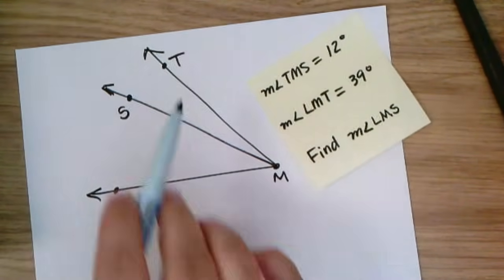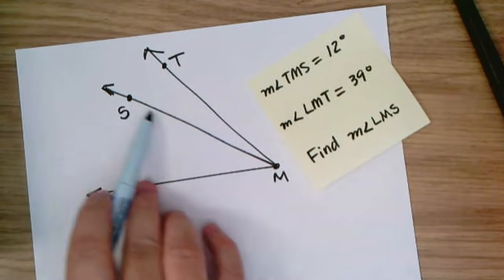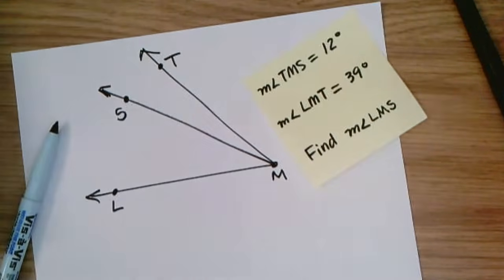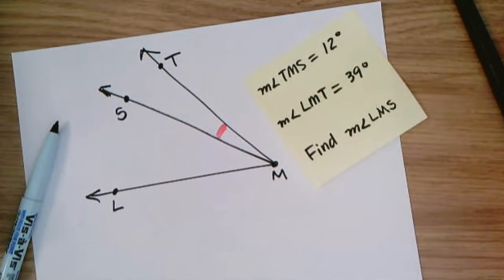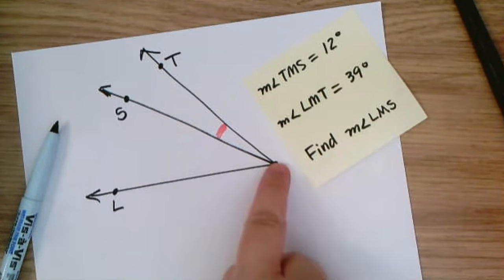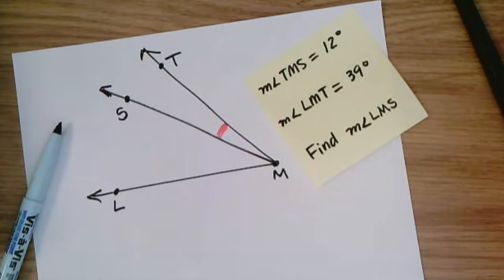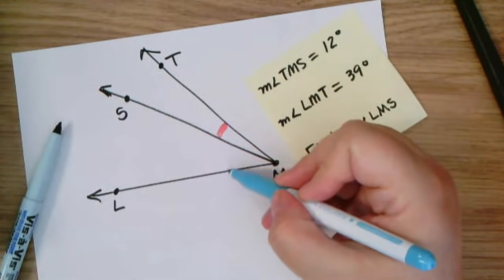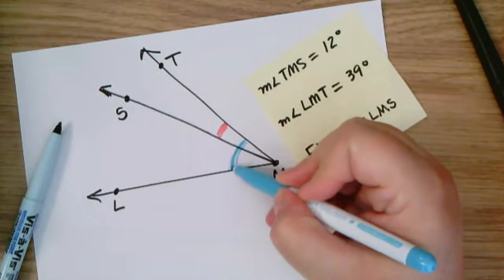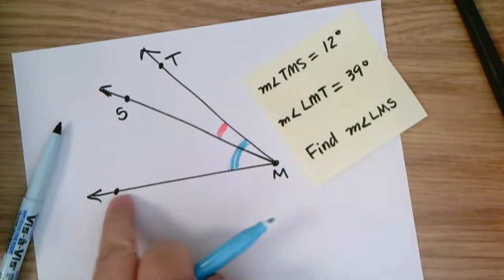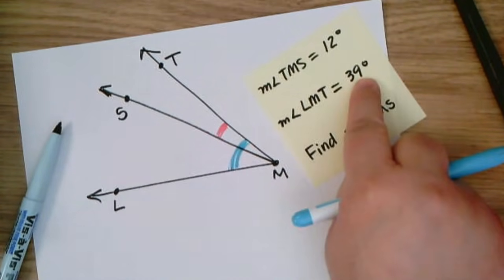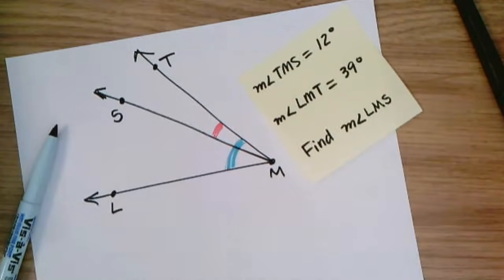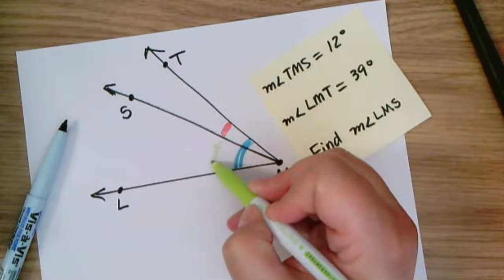I am told that the measure of angle TMS, which you could think of as this angle right here, is 12 degrees, and LMT, the whole angle all the way across, is 39 degrees. And I'm supposed to find LMS, which is this part right here.